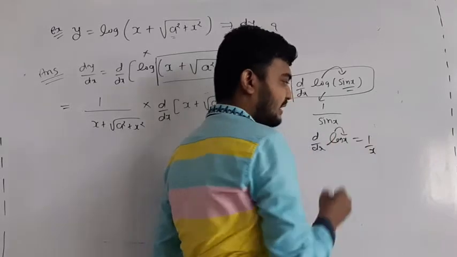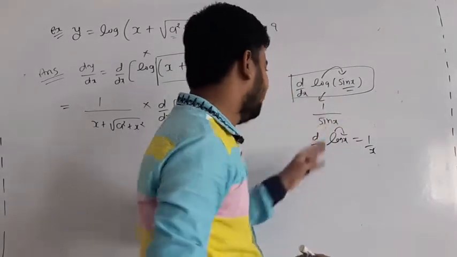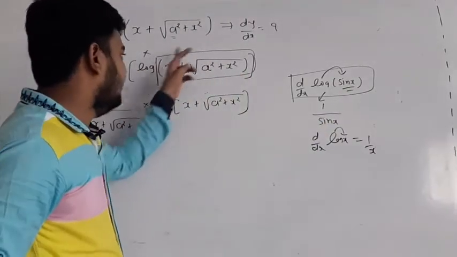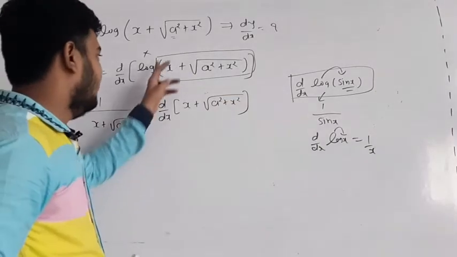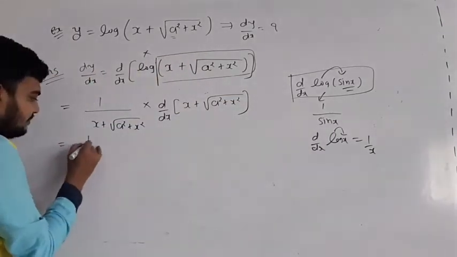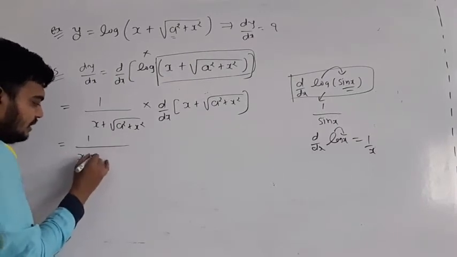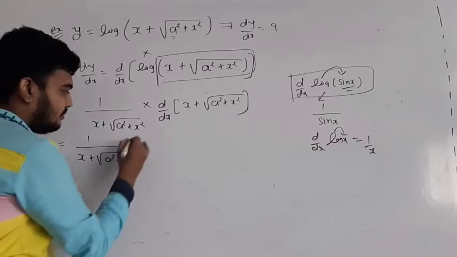Here x is the inner side, so 1 by x. If the inner side is sin x, then 1 by sin x, and if the inner side is this whole thing, then 1 by this whole thing. The remaining derivative is as it is. Now the next step is 1 by x plus under root a square plus x square as it is.